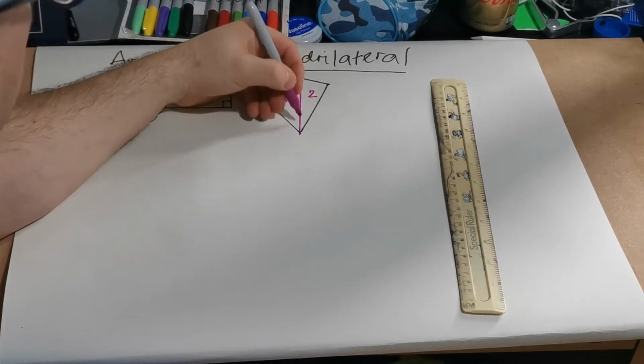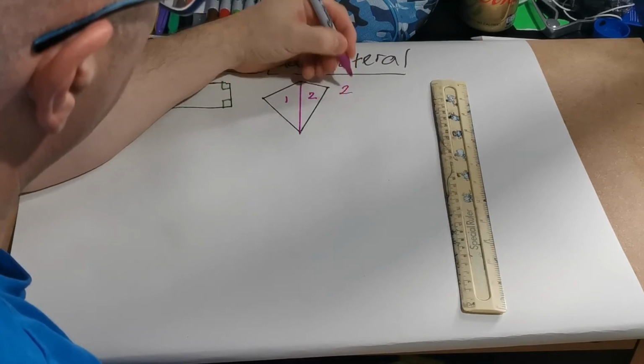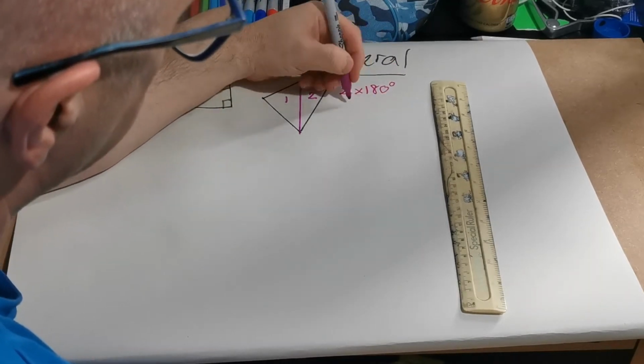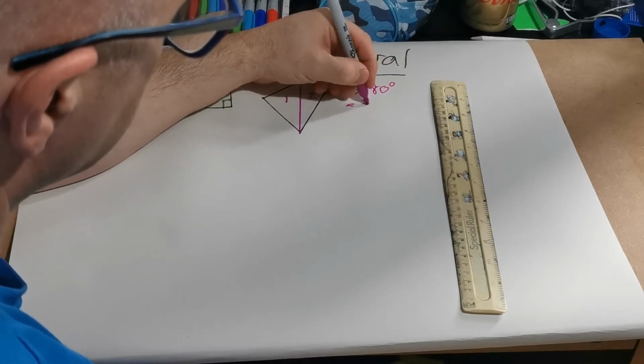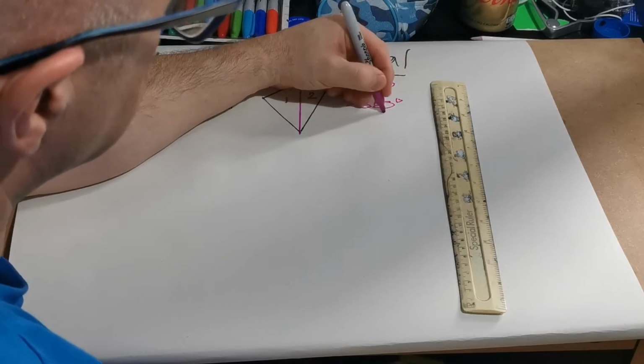Remember, the angles in a triangle were supplementary. That was my maths word that I used on that video. So overall here, I've got two lots of 180 degrees. And that does come to 360 degrees.